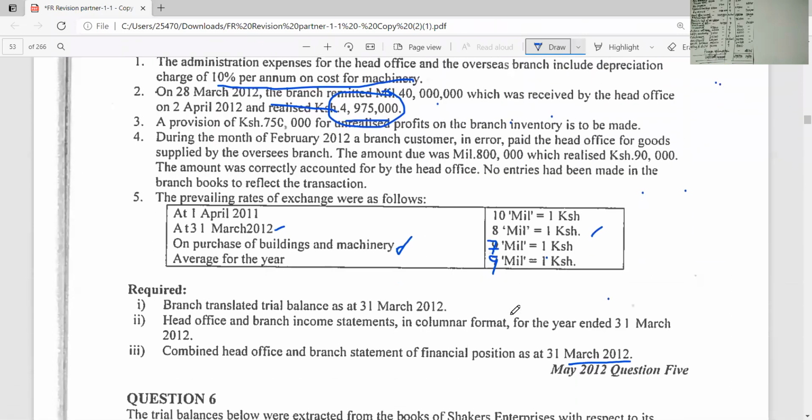So the next requirement, which we were supposed to do, is all about the head office and the branch income statement. Then we finish with the statement of financial position. So now we talk about the preparation of the statement of comprehensive income, that is the income statement.